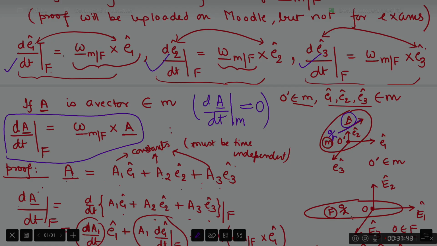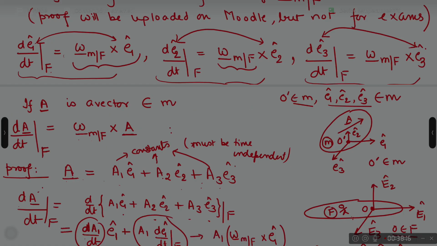If A is such a vector, we can show that the rate of change of the same vector observed by this observer here can be expressed in terms of the angular velocity of this body with respect to this. And the precise relationship is here: the cross product between the angular velocity of the body and that vector A which is fixed to M. We can prove it. This proof I am going to present here.